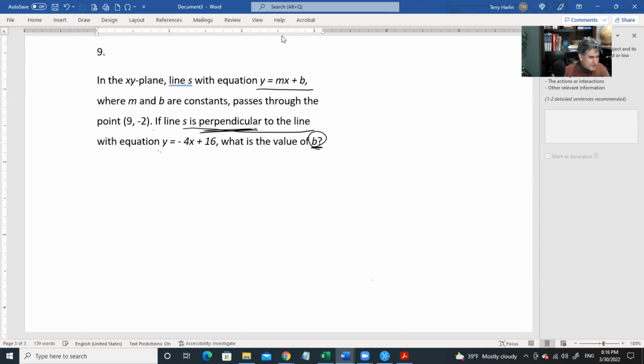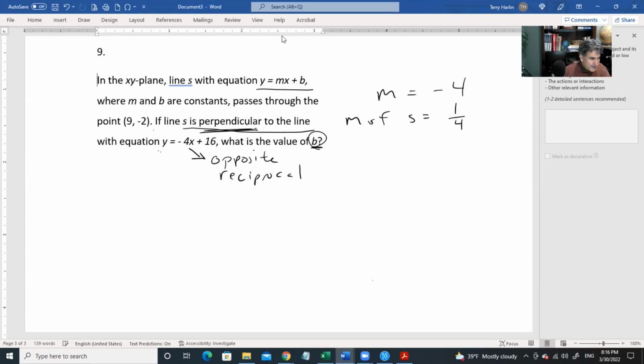So what does perpendicular tell us? Well, it tells us that the slope of the line we're looking at is going to be the opposite reciprocal of the other line. So if our slope is negative 4, then the slope of S is going to be the opposite reciprocal, which is a positive 1/4.